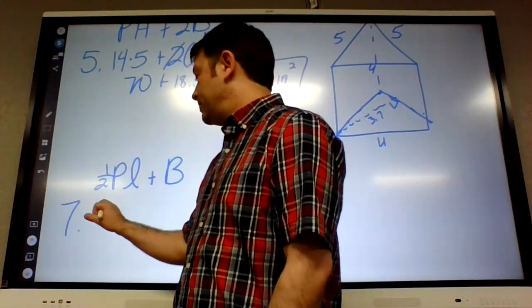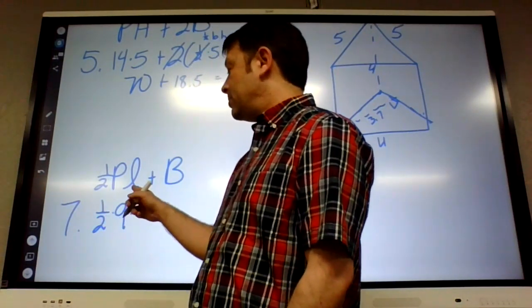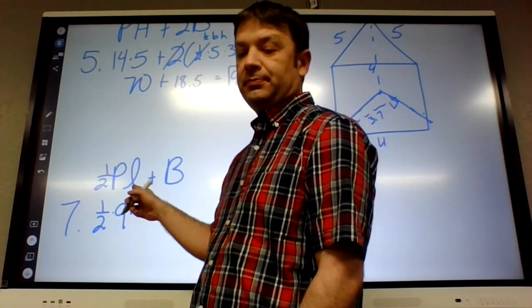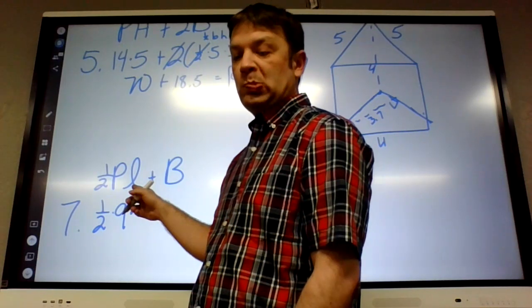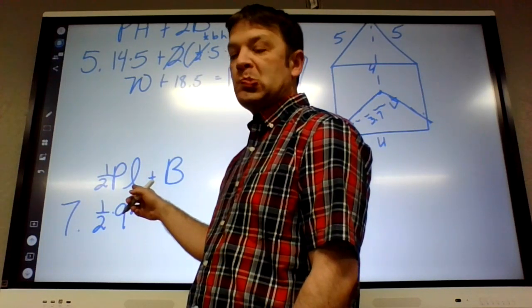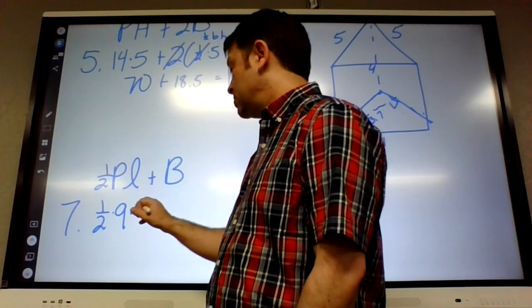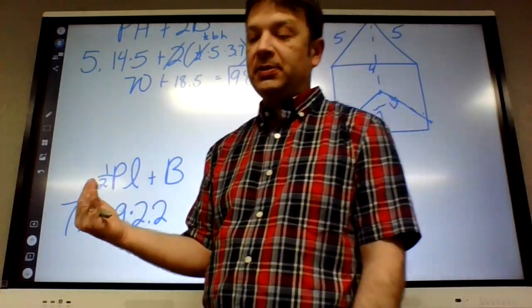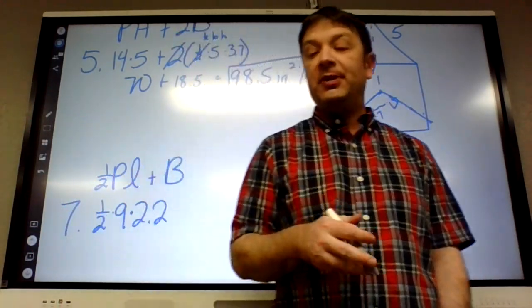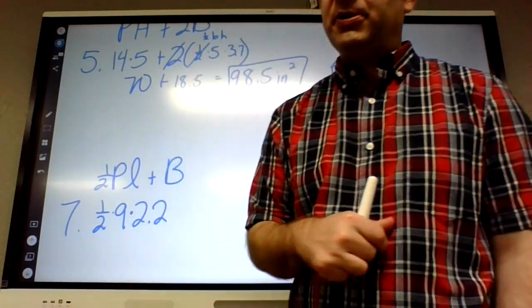So the perimeter of the base is 9. What is the slant height? Is it 2.2? Okay, remember when we were doing the lateral area for pyramids, you don't use the height, you use the slant height. It tells you how tall that triangle is.